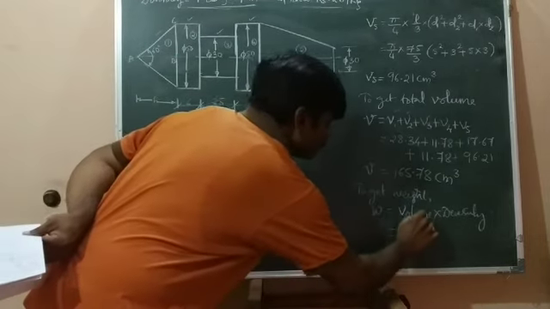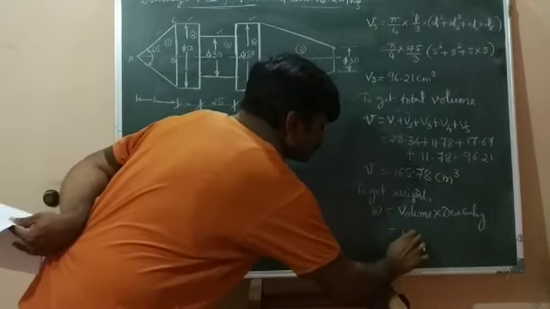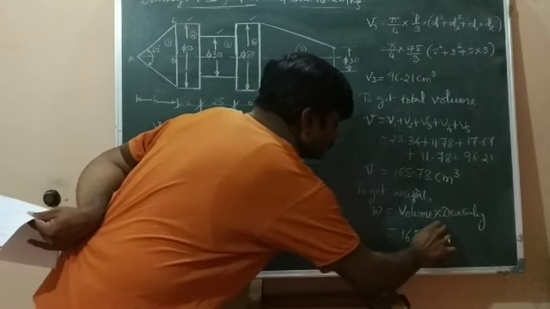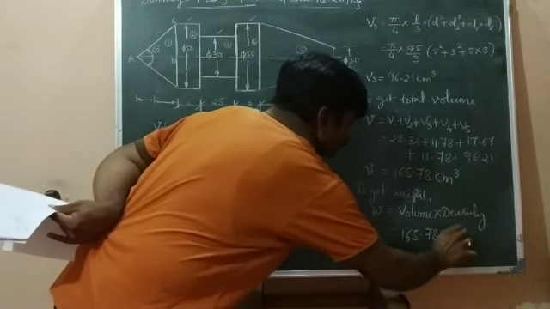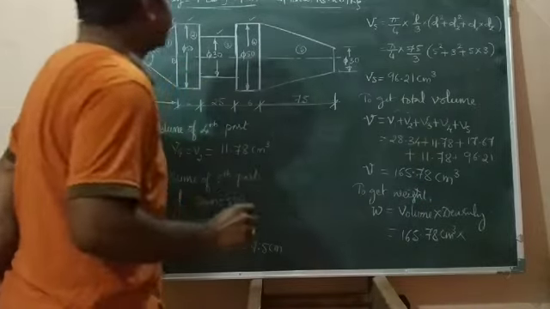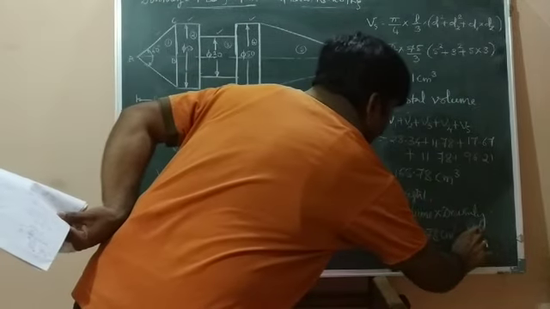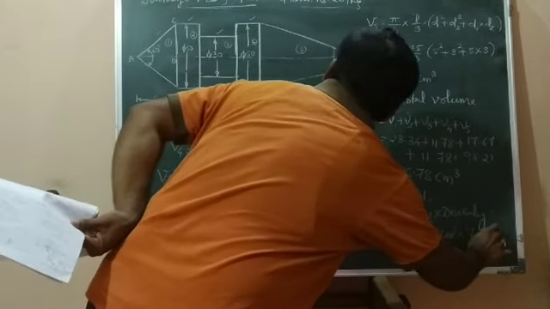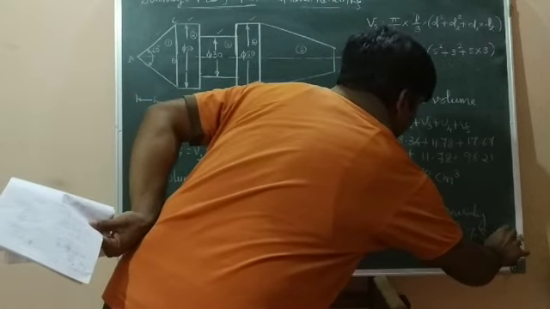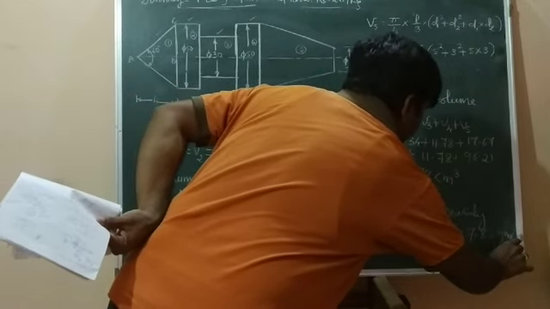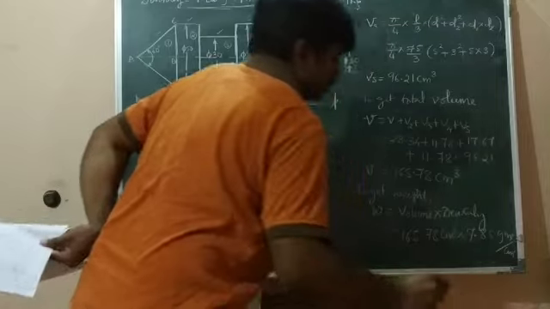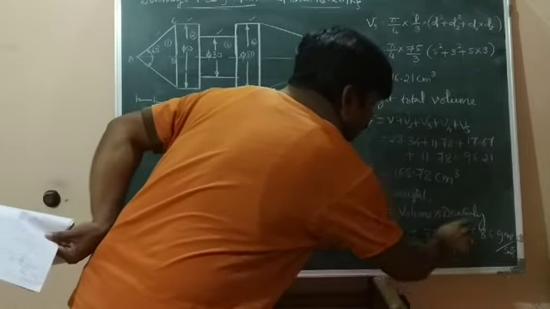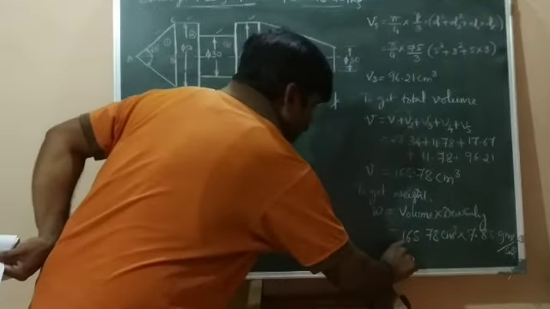Now just I will enter the total volume here, 165.78 centimeter cube into density 7.85 grams per centimeter cube. So centimeter cube gets cancelled.